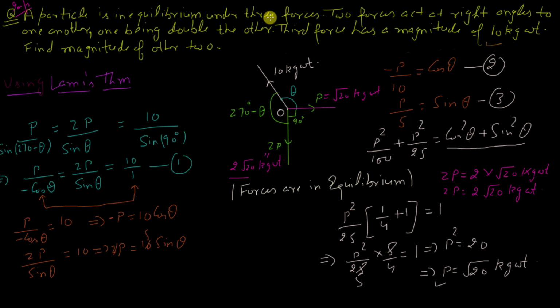So you need 3 forces to apply the Lami's theorem. So you must give attention to this fact, that you must be given 3 concurrent forces, and those forces should be coplanar. Only then you can apply the Lami's theorem. So in this case we have applied the Lami's theorem. So this was the problem based upon Lami's theorem.